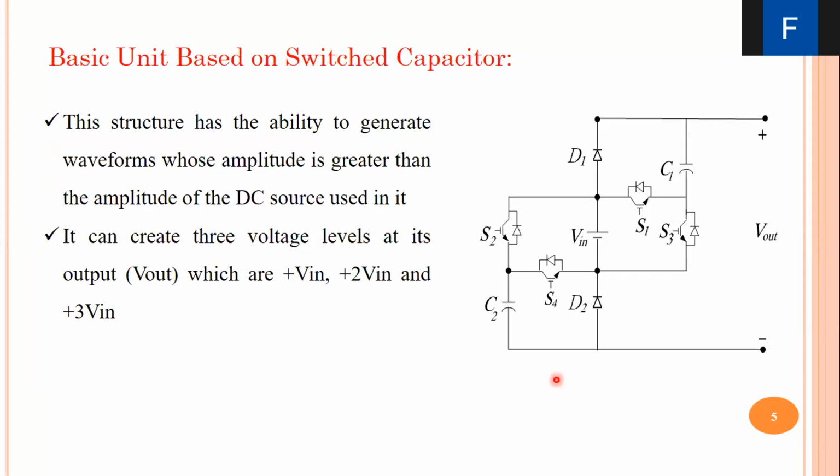Yes, it has many components, but we have so many levels in the output voltage. So we have low THD, and according to the number of levels, it has a low number of components.